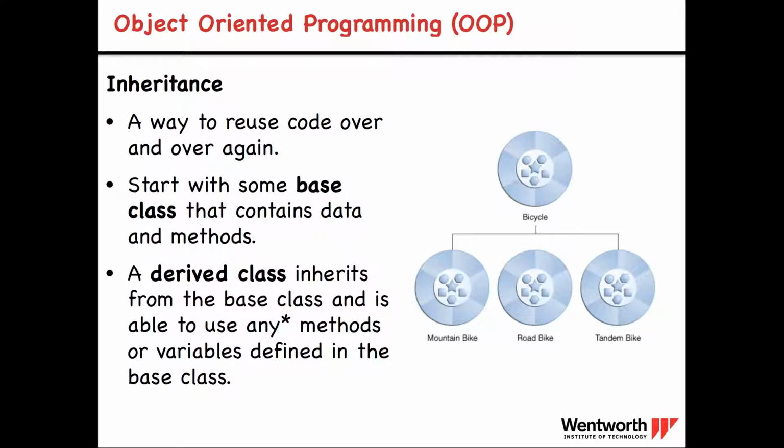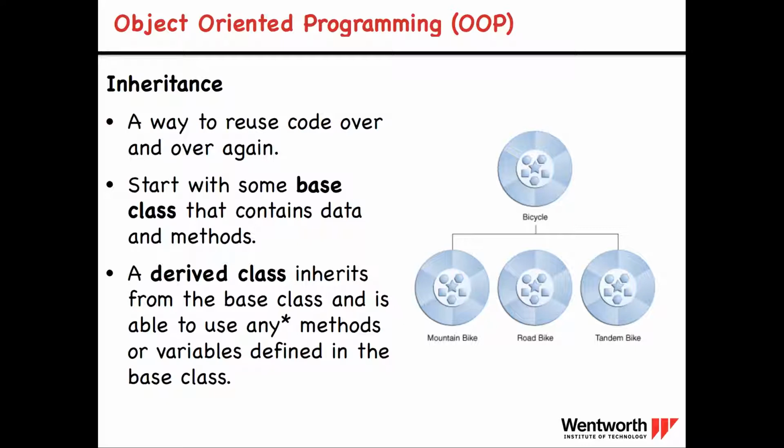And one of these ideas that I've mentioned in CS1 and CS2 classes is that if you find yourself copying and pasting code from one place to another in your application, then there's probably a better way to do it. So inheritance is another way to reuse your code in multiple different ways.